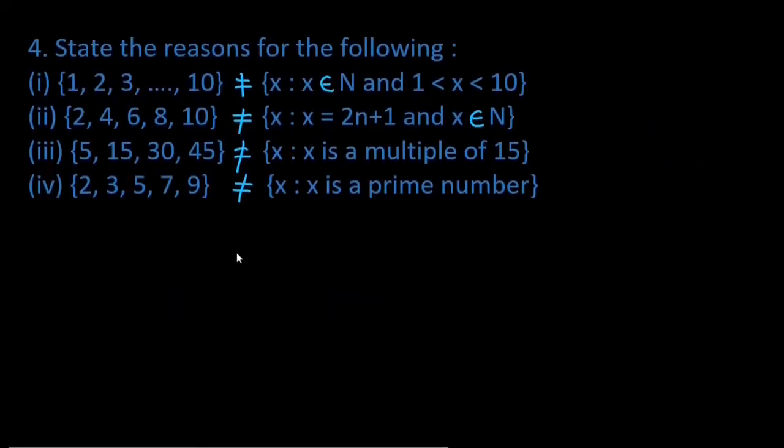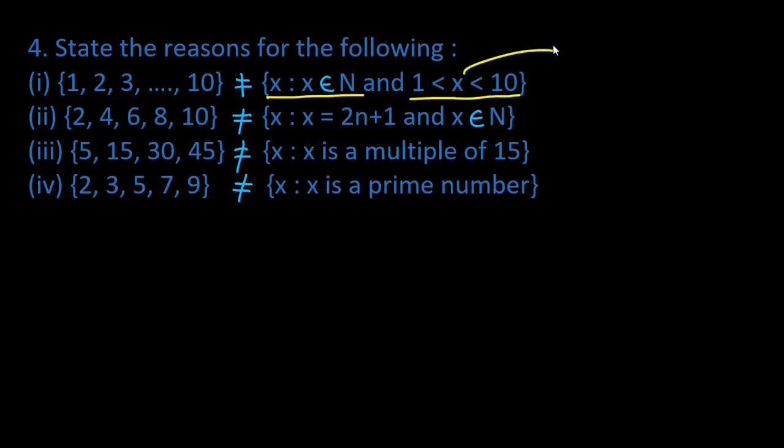Fourth question, state the reasons for the following. So here two sets are given with inequality sign. We have to mention the reasons for the inequality. Here the set is 1, 2, 3, etc. up to 10. Here it is given as x belongs to N and x is between 1 and 10.